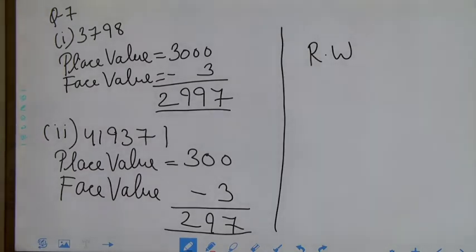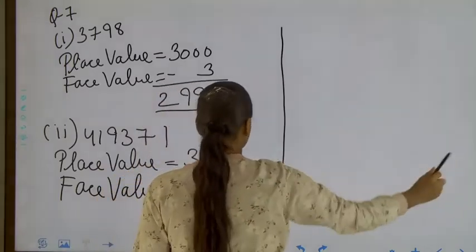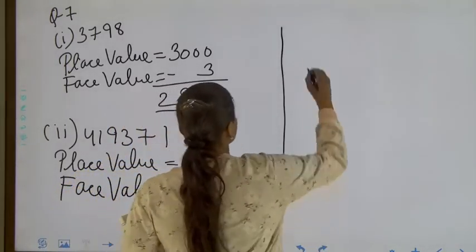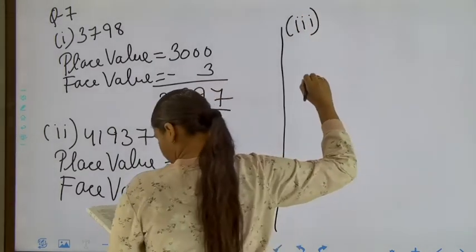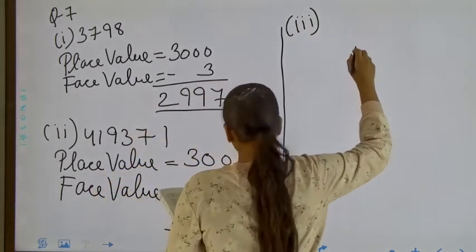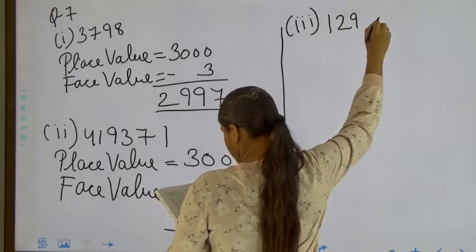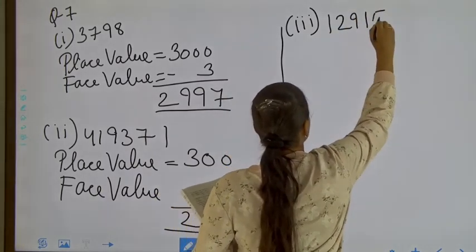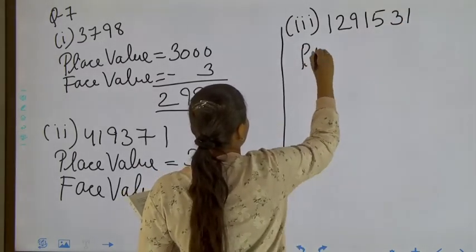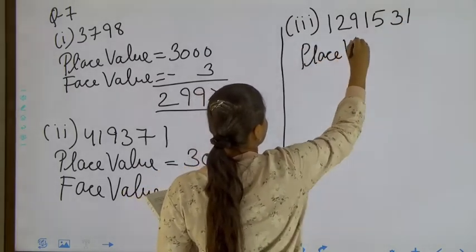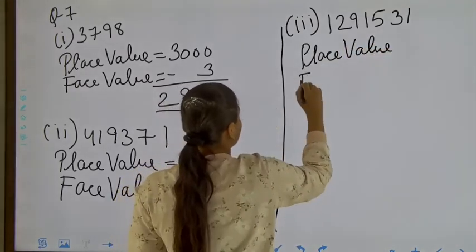Now we will move to the next part, that is third. Again we have to tell the place value and face value.